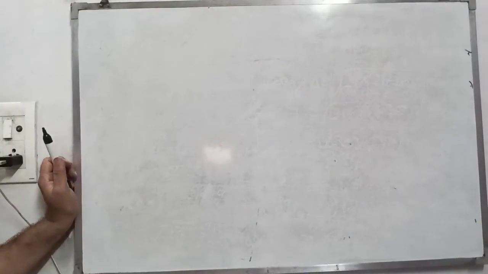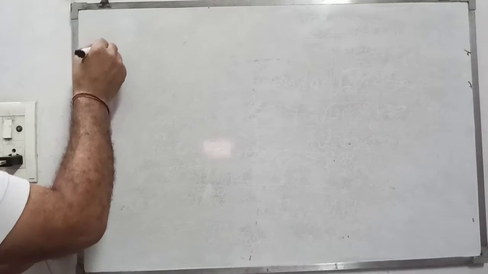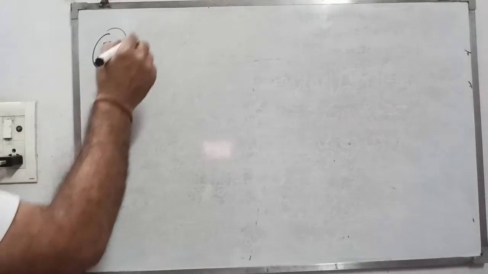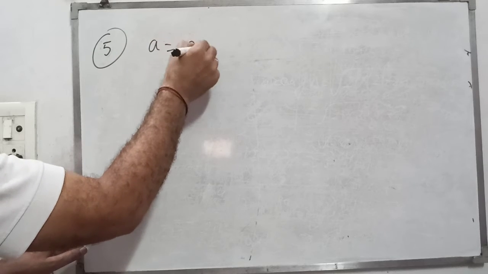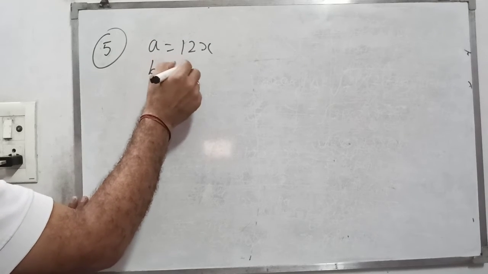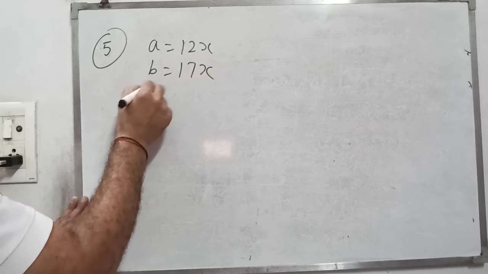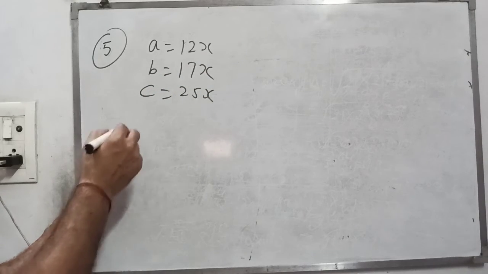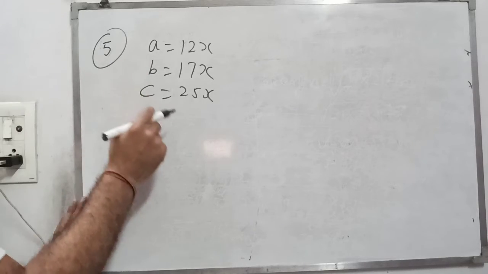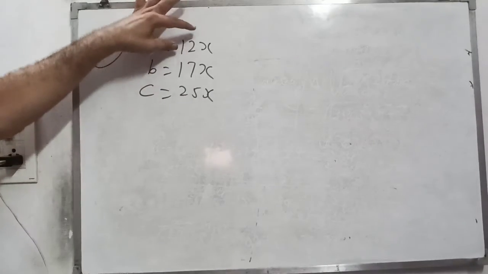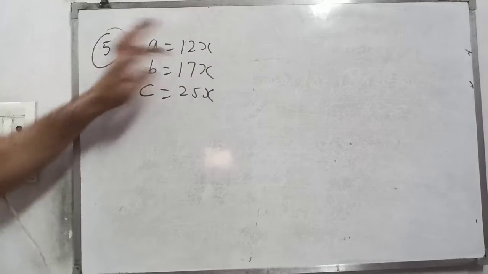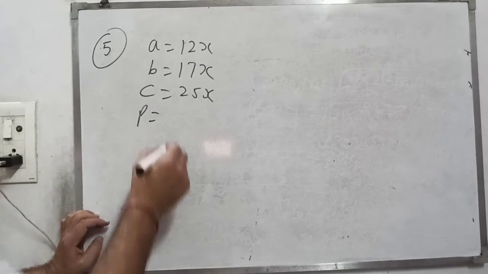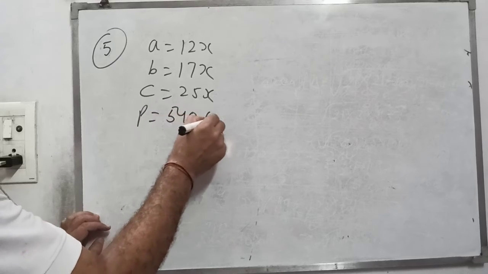Question number 5 is the last question. The ratio is given, that is A becomes 12x, and B is 17x, and C is 25x. Right? So when the ratio is given, we use one common number, that is x. The perimeter is also given, 540 centimeter.